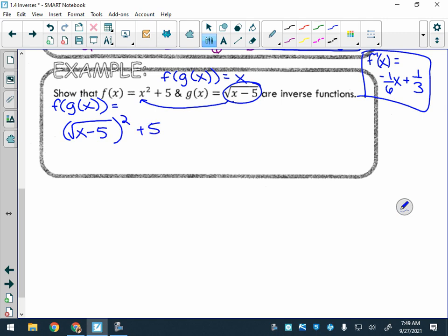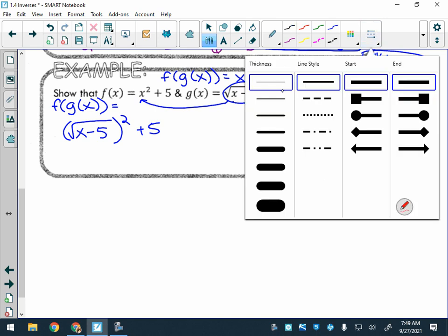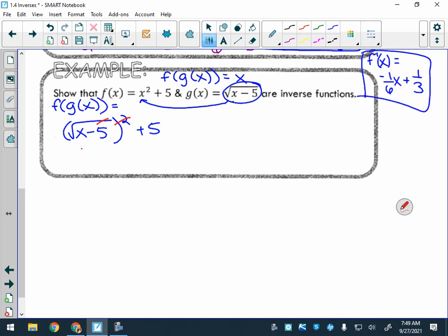Now, does anyone know when you square a square root, what happens? It cancels out. So once we cancel out, we have x minus 5 plus 5. What are we left with? X. So are these two functions inverses of one another?